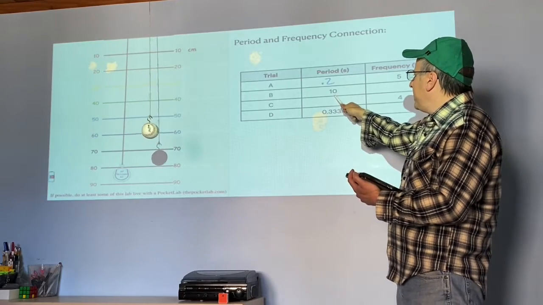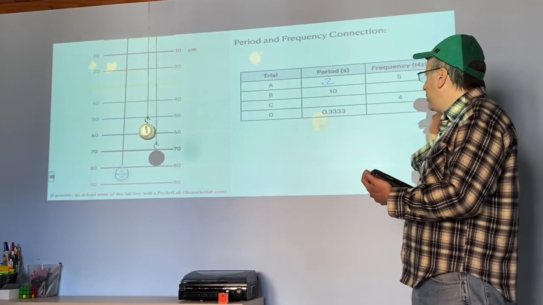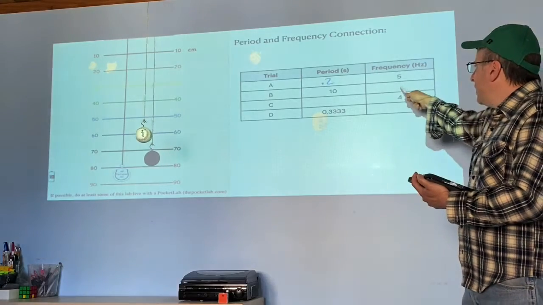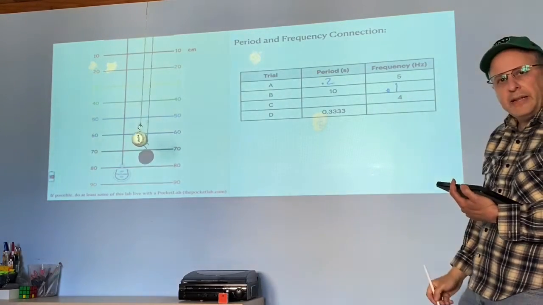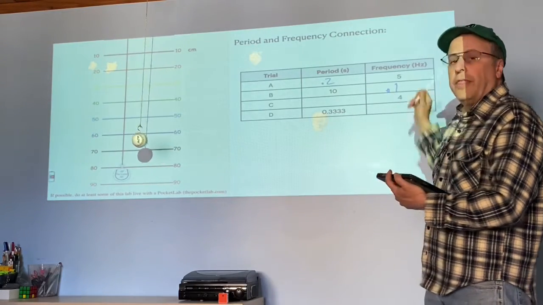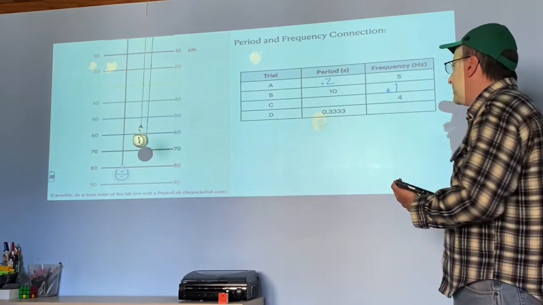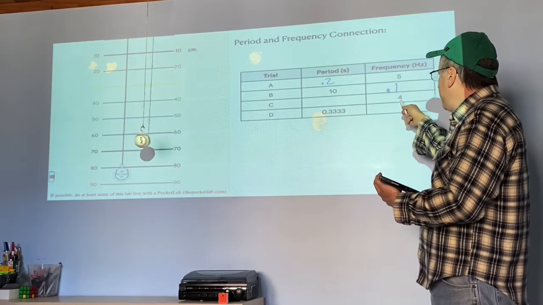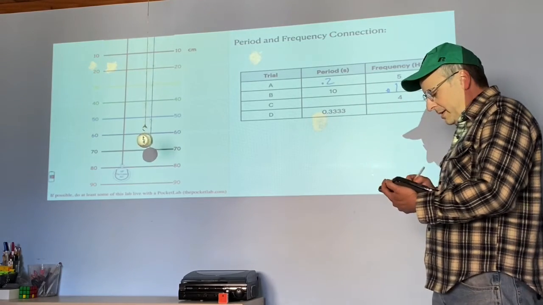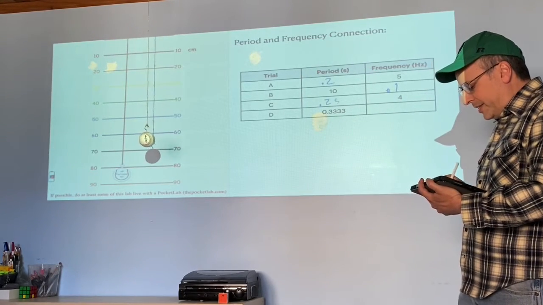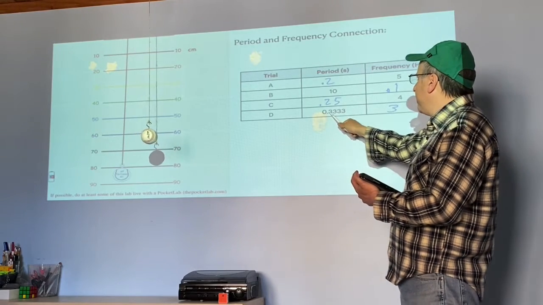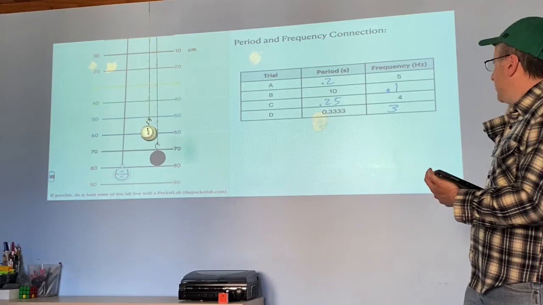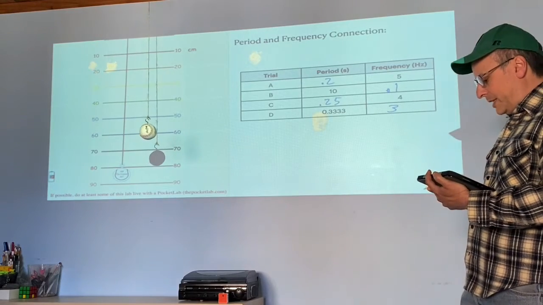If, on the other hand, it takes 10 seconds to do a whole cycle, then it only makes 1/10 of a cycle per second. Again, don't write it as a fraction, write it as a decimal. If it happens 4 times every second, each one is 1/4 of a second. And again, if the period is 0.3333, that means we get 3 cycles per second.